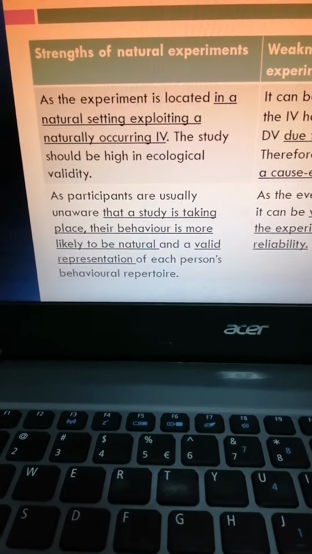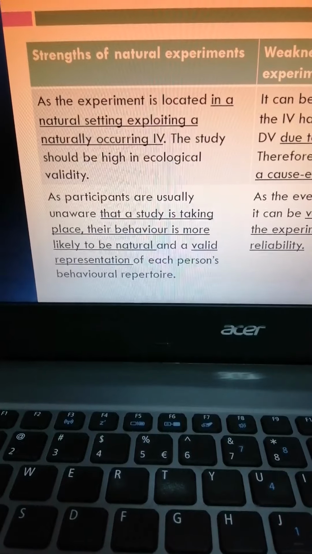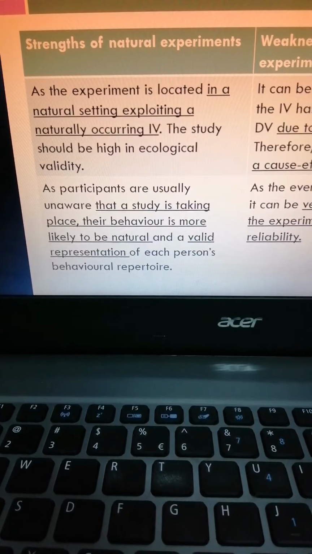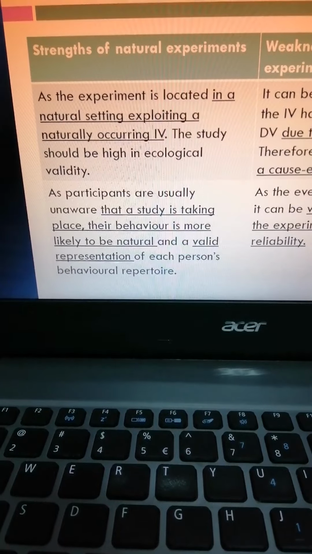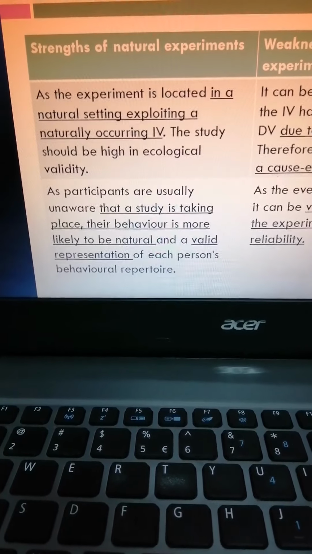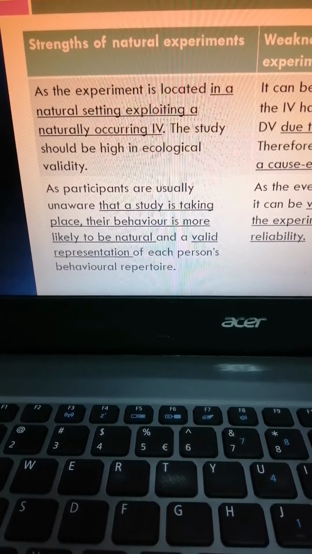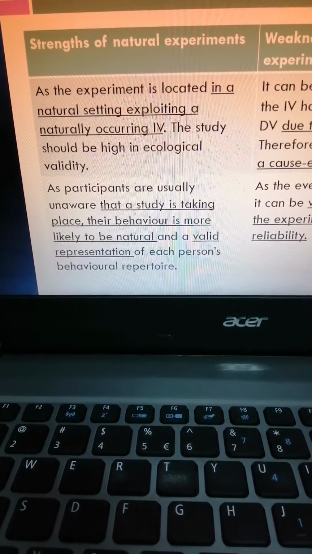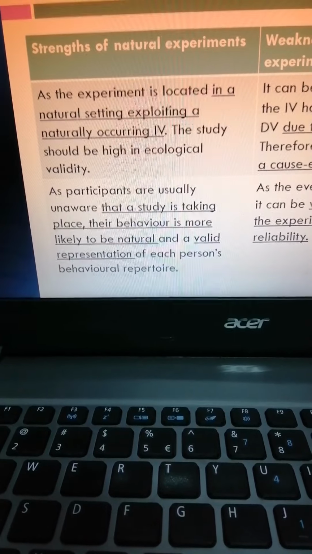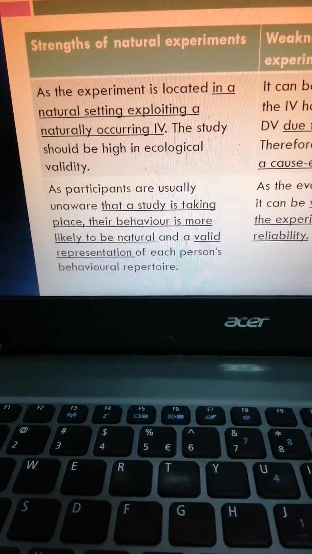So it represents a real life situation of autistic people. And the other one is, as participants are usually unaware that they are in a study, they will behave naturally. So this will give the idea of how a person actually behaves in real life.